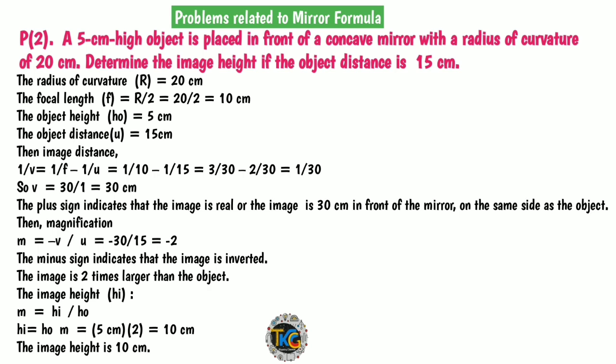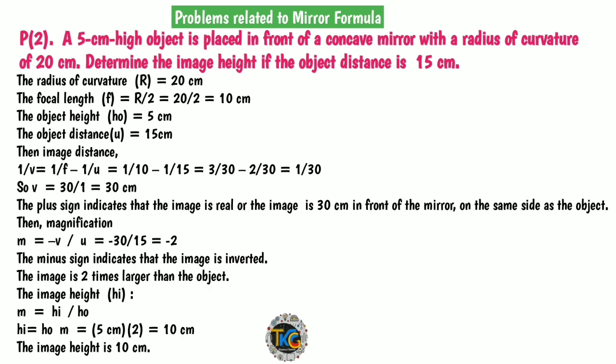Just simplify it putting the values, and then you have to calculate the magnification, that is m equal to minus v by u, u that is 15 and v that is 30. So putting this value, m will be minus 2. Here the negative sign indicates the image is inverted. When m is positive, that indicates the image is virtual.